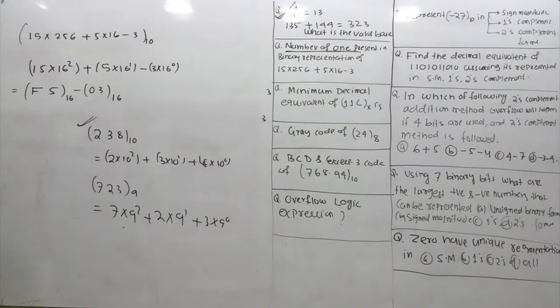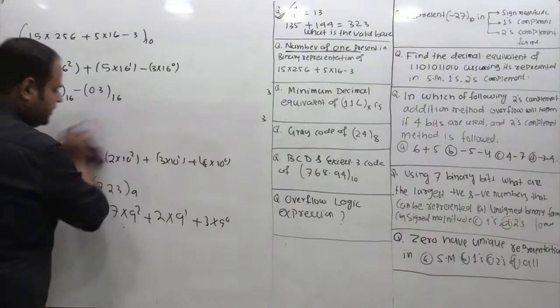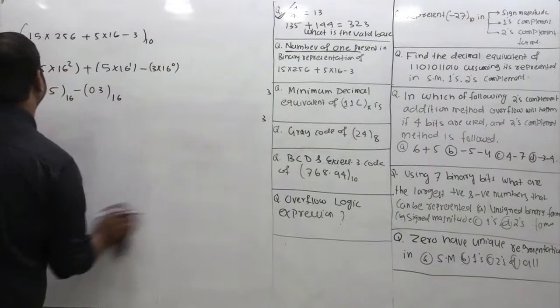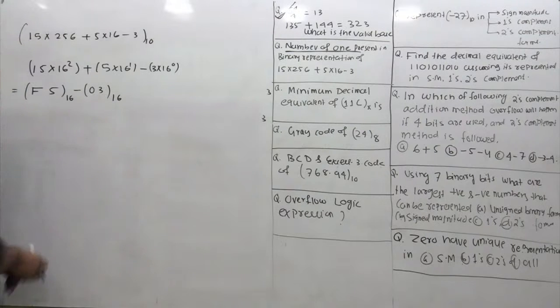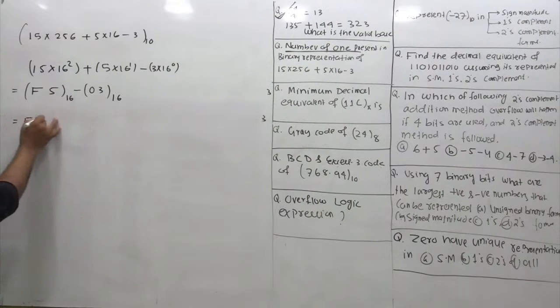So what is the final answer? 15 into 16 square plus 5 into 16 power 1 minus 3 into 16 power 0. If you subtract, you will get F, and 5 minus 3 is 2, so this is in base 16.